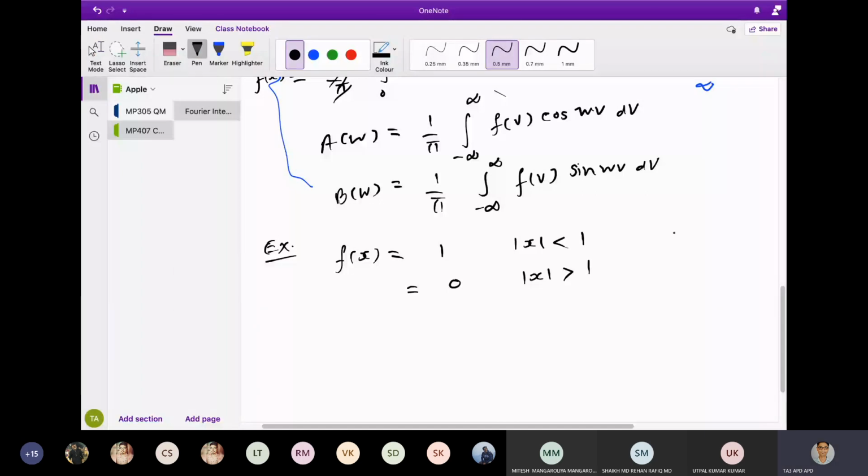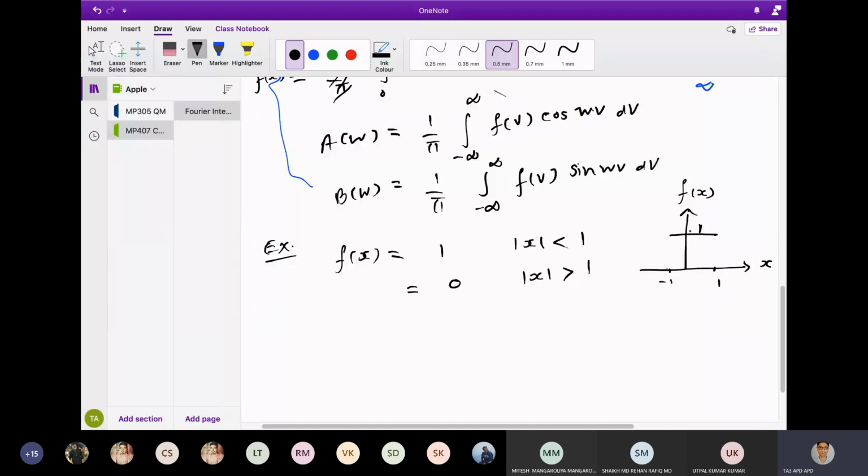Okay, so if you plot this graphically, between minus 1 and plus 1, the value of the function is 1, and this is f of x, this is x.